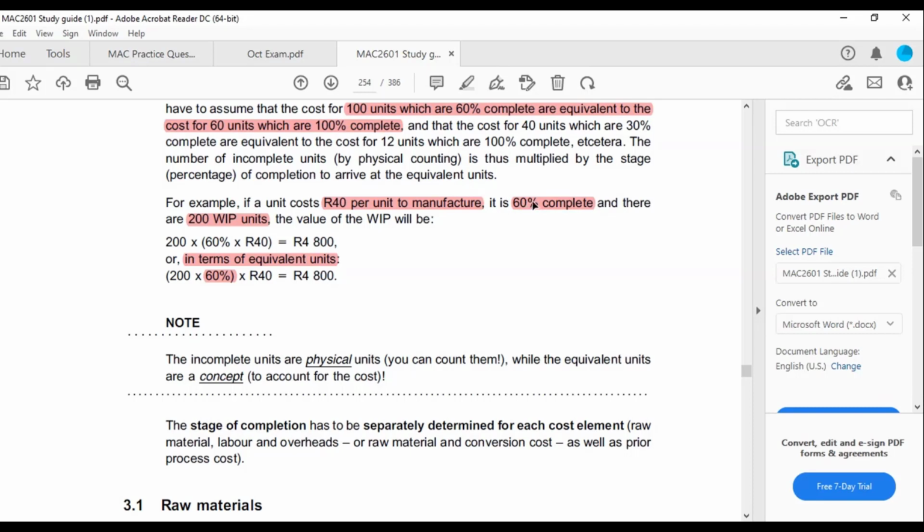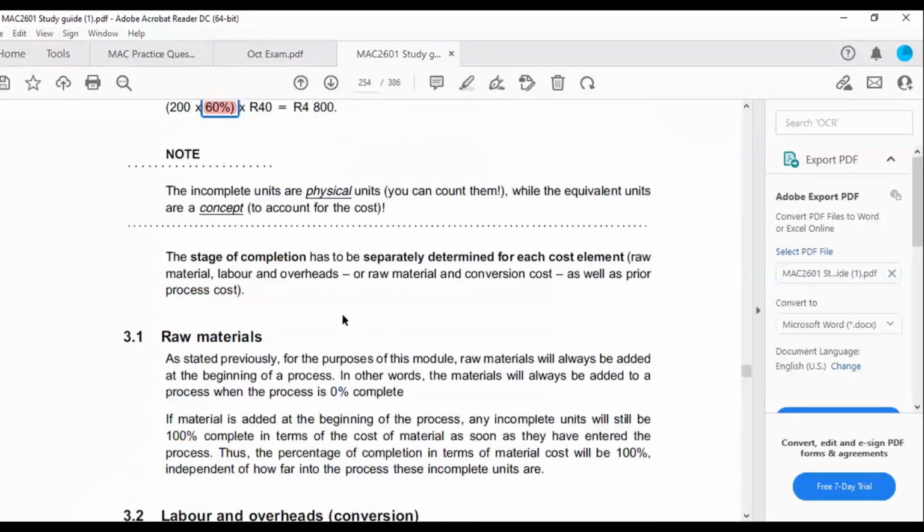This 60% indicates that we are not 100% complete, but 60% complete. Therefore, for that period, I need to show you this equivalent unit, to show that 60% of these are complete. Let me quantify it and give you a cost for it. That's what equivalent unit means.